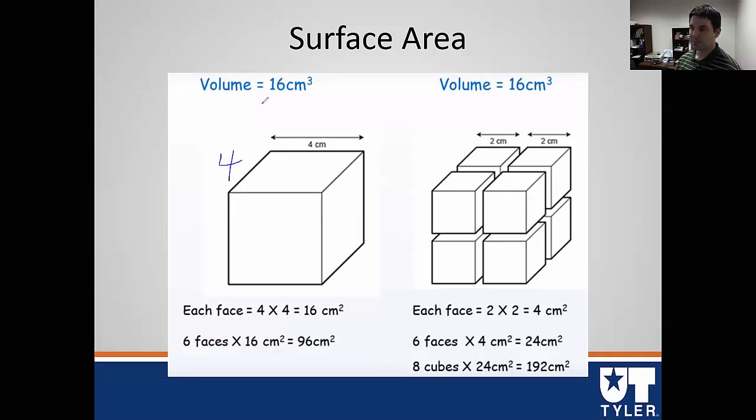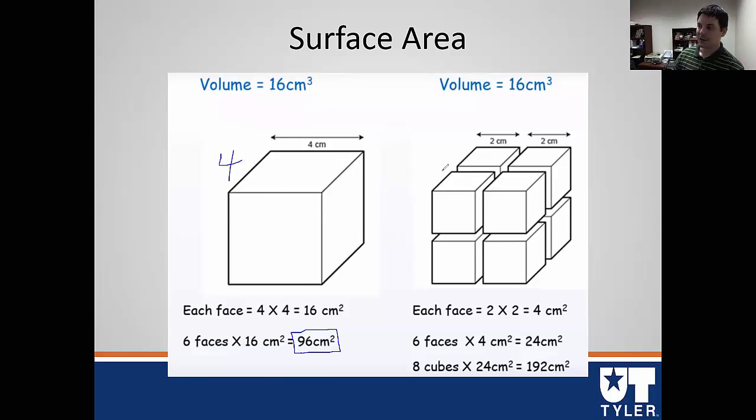Therefore, our volume is 4 times 4 gives us 16 centimeters squared. For the area of a single cube, we have 6 faces, which gives us a total surface area of 96 centimeters squared.